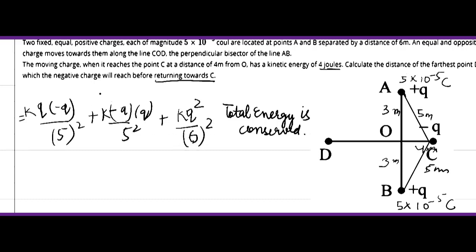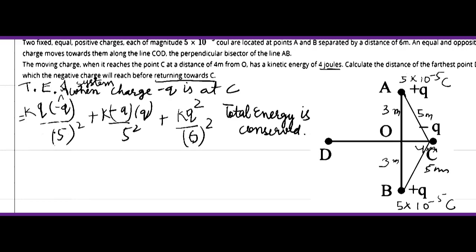So this is your total energy for the system in this position when charge minus Q is at C. Okay, total energy of system when charge minus Q is at C.